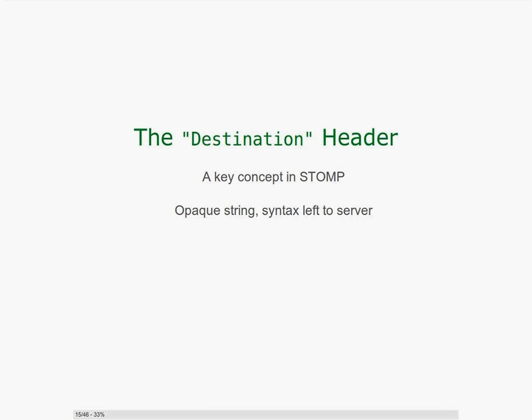But as you will see, very often the various message brokers have some commonality in the kinds of destination semantics that they support. But ultimately, it's left to the server, and servers can put as little or as much meaning as they want to. To give you a more specific idea, a typical destination would look like a URI path, something like /q/a or /topic/a, allowing us to express different kinds of message semantics, message patterns.